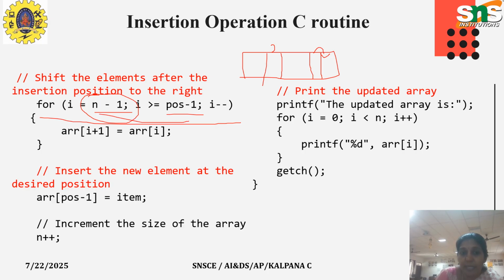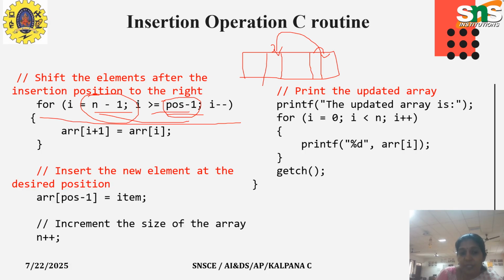From n minus 1 till position minus 1. This position minus 1 is there since array index starts from 0, so here I have mentioned position minus 1. Okay, so from the last element till the position, we are going to do the shifting process. For that case, we are giving this.